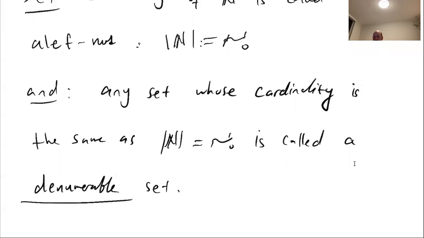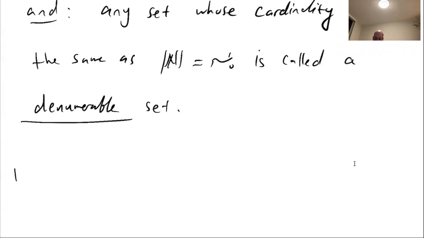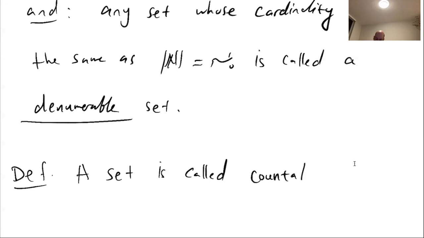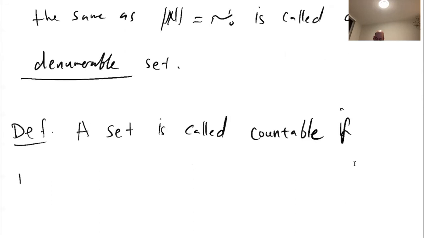So aleph naught is just a notation for the cardinality of natural numbers, and any set whose cardinality is the same as the cardinality of natural numbers is called denumerable. And next definition, a set is called countable if it is either finite or denumerable.